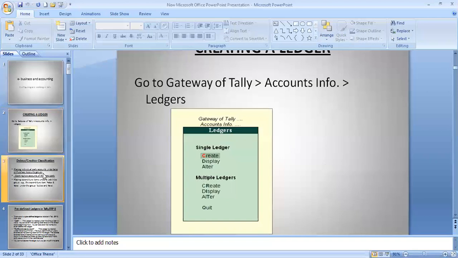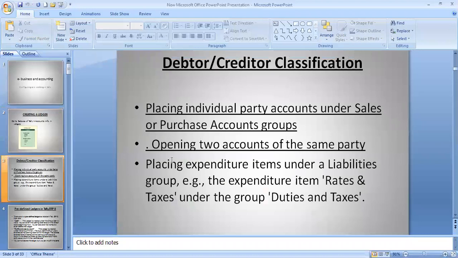Now we will discuss the debtors and creditors classifications. Before moving to it, I told you that before creating a ledger you have to group the items. The grouping of activities, which we have discussed in the previous sessions, has 28 groups.